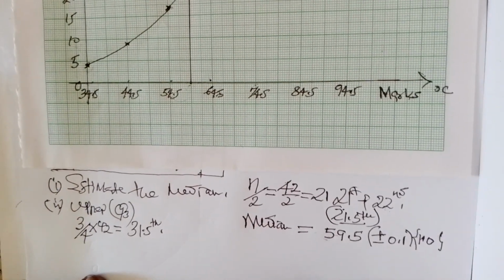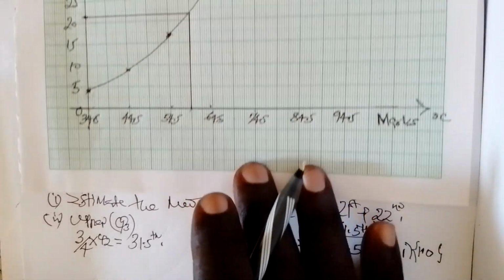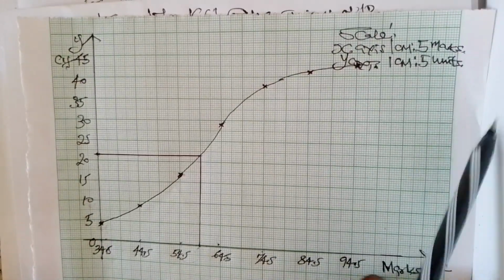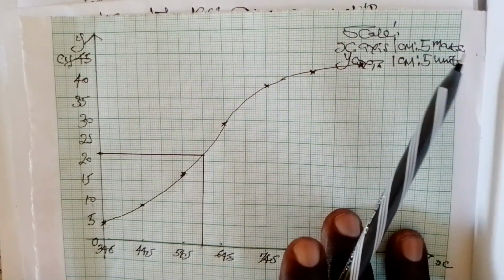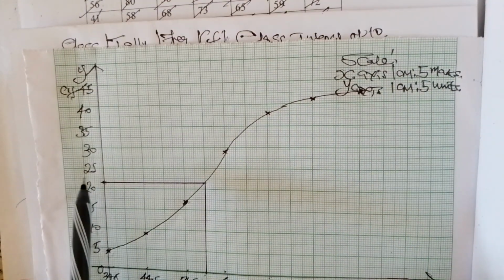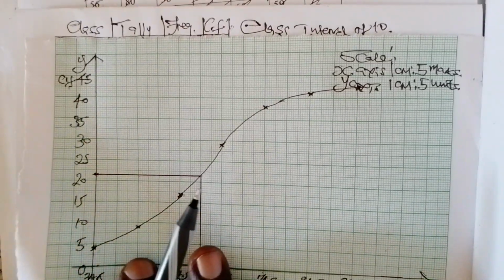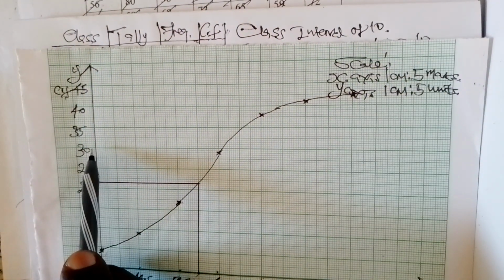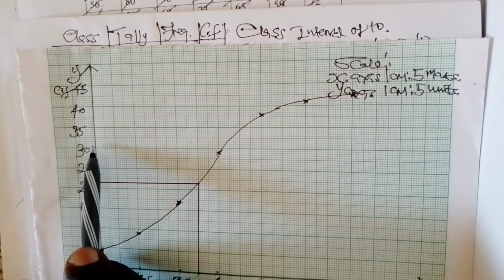So we again go back to our graph. 31.5 will be after 3 small squares after where 30 is.